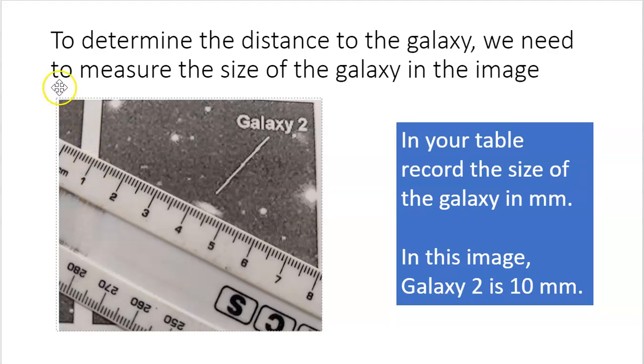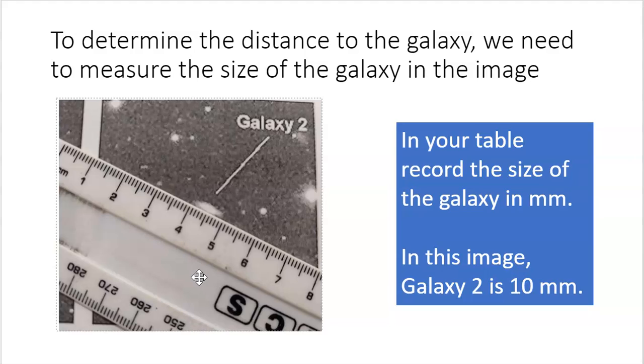Now, the way that we're going to obtain the distance to the galaxy is that we're going to measure the distance from one edge of the galaxy to the other. So we're effectively going to measure the diameter in millimeters. And the spreadsheet has been set up so that it will automatically calculate the distance to the galaxy from this one measurement.